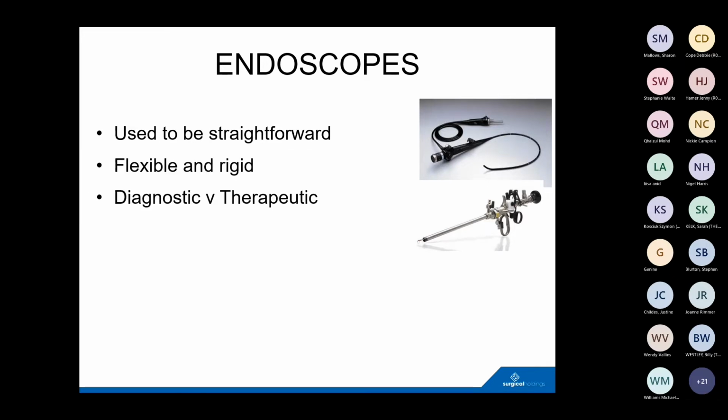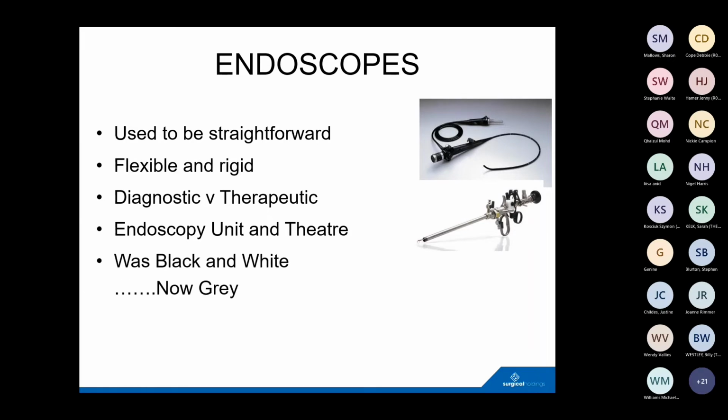So diagnostic v therapeutic used to be pretty well black and white, and the flexible instruments were used in endo units, and the rigid instruments were used in theatres or operating rooms, whichever your nomenclature is in your country. So it used to be really quite black and white, but it's now quite grey. There's a lot of therapy done with flexible instruments. There's diagnosis done with rigid instruments.